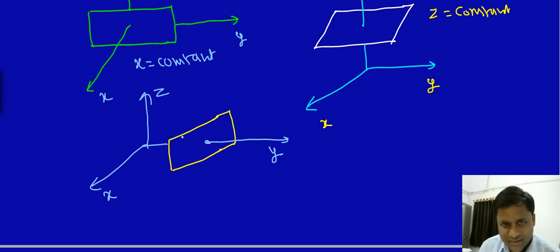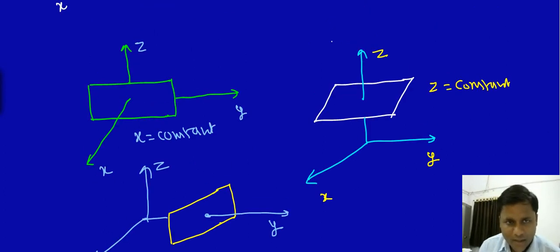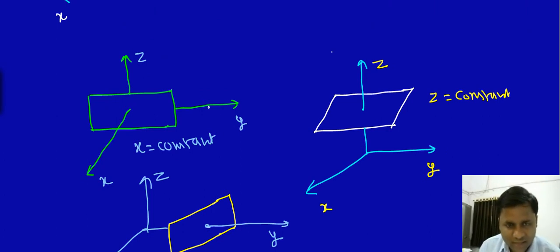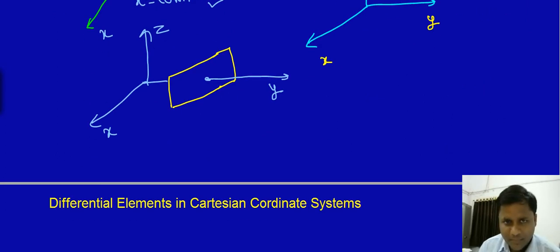Here we can say that the plane which is parallel, I am so sorry, the plane which is parallel to the zy plane is called x equals constant. The plane which is parallel to the xy plane is called z equals constant, and the plane which is parallel to the xz plane is called y equals constant.